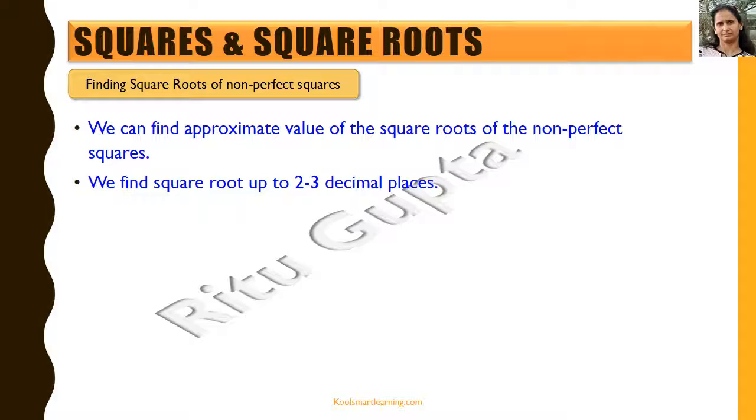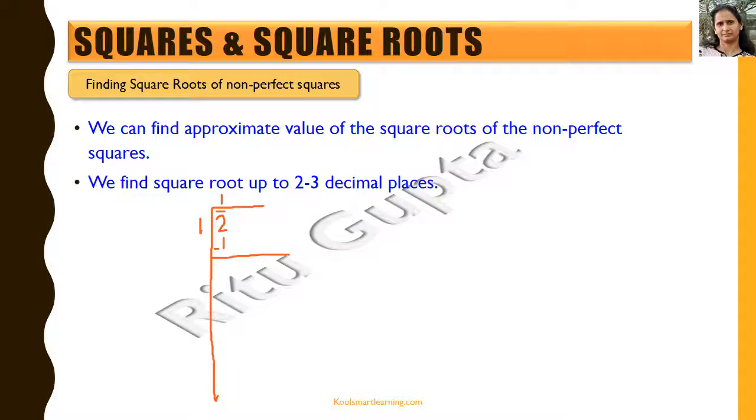So let's take an example of 2. We want to find out the square root of this. How do we start? We take the number and place the bar. This is a single digit, so we place the bar over 2. 1 squared is clearly less than 2, and we cannot take 2 squared, which will become more than that.